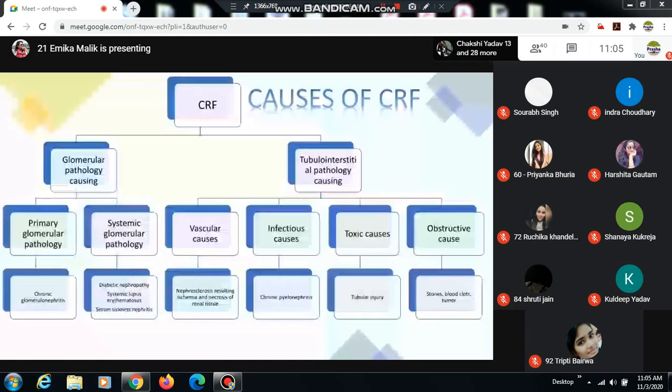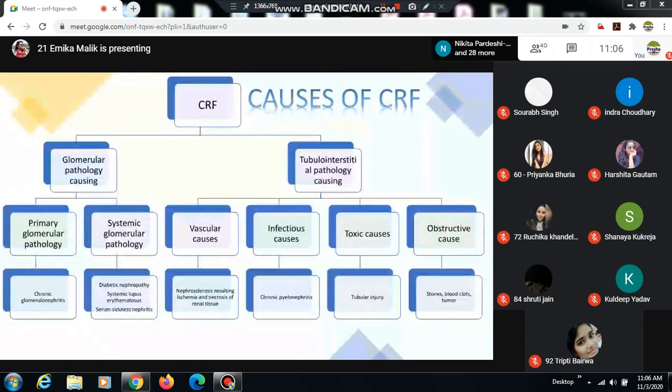And serum sickness nephritis. In tubulointerstitial pathology, a vascular cause can cause nephrosclerosis, resulting in ischemia and necrosis of the renal tissue. In this, hardening of the walls of small arteries of the kidney can be seen, which causes ischemia, inadequate blood supply, and necrosis, death of the cells.